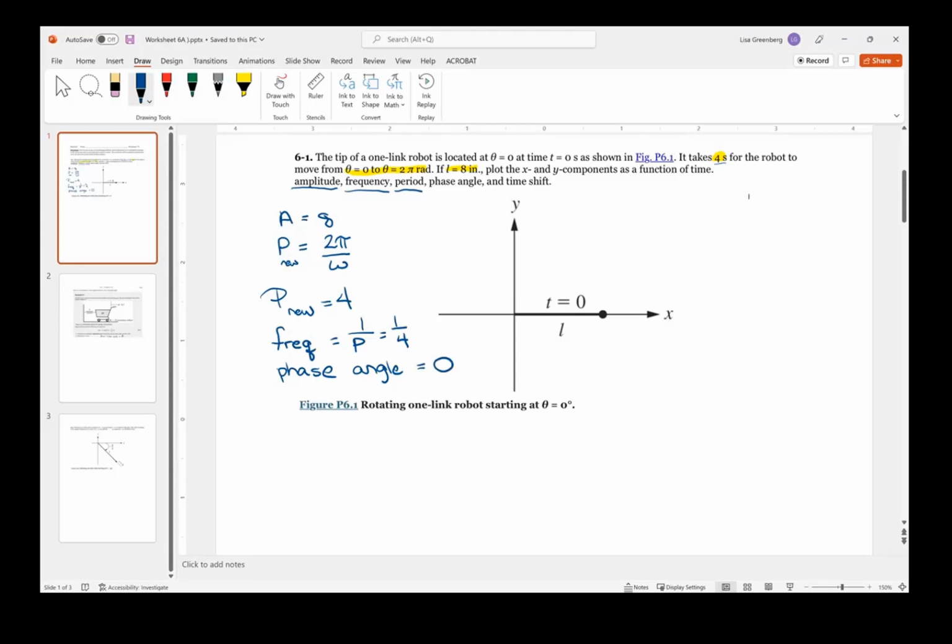And the time shift is going to equal, I believe this is a sine function because it says at theta equals 0, it is located at 0 at time 0. So at time 0, everything's 0. So that means we have a sine graph.